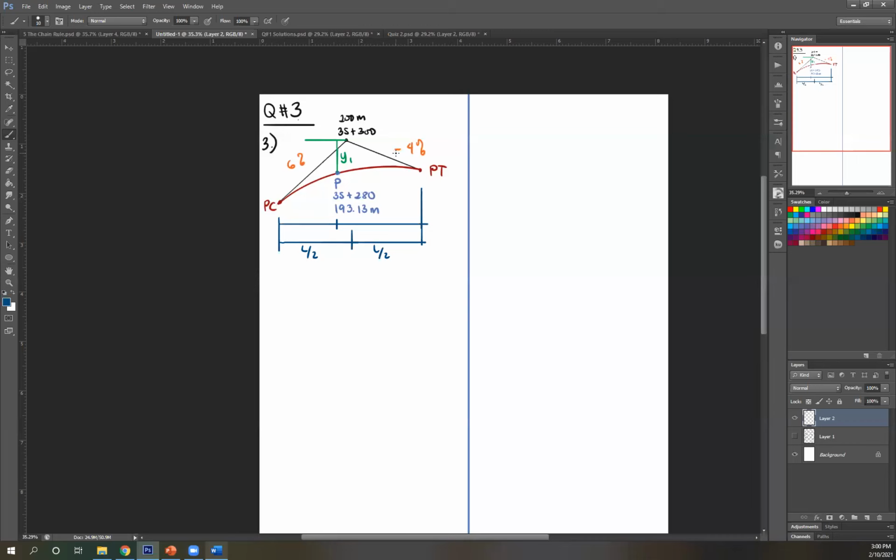Again, this is just the stationings for parabolic curve is taken along a horizontal line. So this 300 minus 280, that's 20.